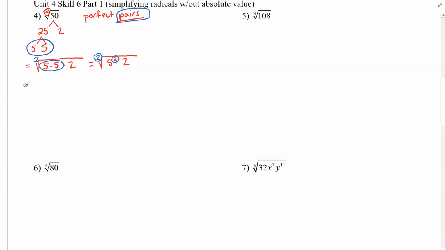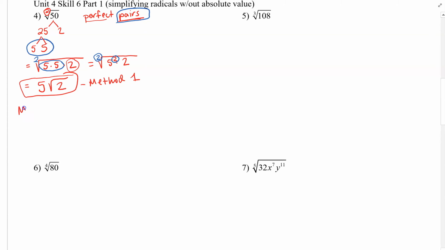So I can take a 5 out of the square root because it's a perfect root. And then I have to leave the 2 inside the square root because there was only one of them, right? The only way you can take something out of a square root is if it's a perfect pair. But when you have a single factor, it has to stay inside. So that's the answer using method 1.